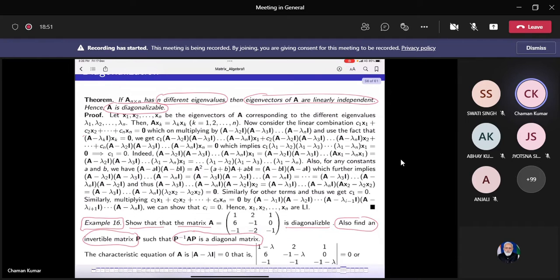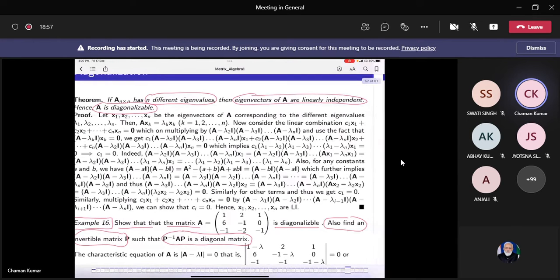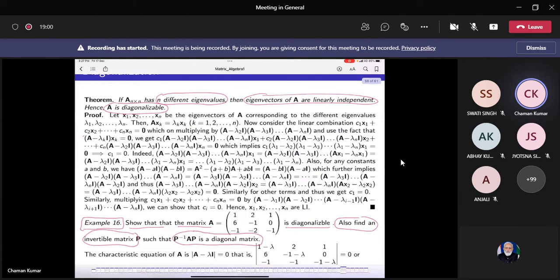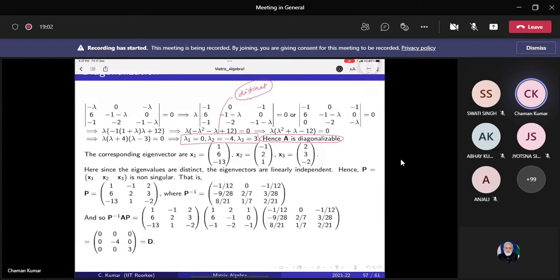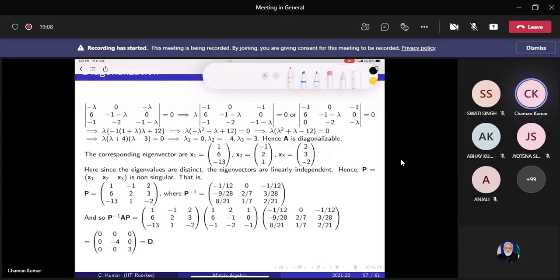So in this example, the eigenvalues are distinct, so therefore eigenvectors will be linearly independent immediately. So just calculate the eigenvector for each of the eigenvalues here. The first eigenvalue is 0, corresponding to this eigenvalue you can calculate the eigenvector, which will be this.